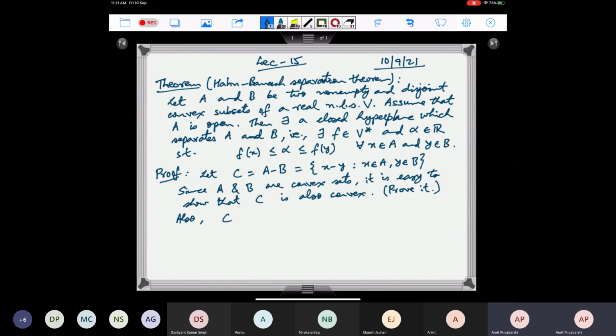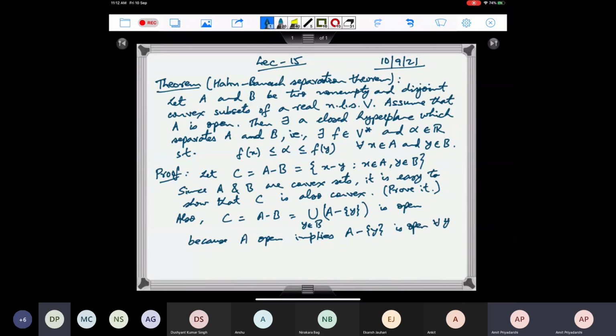Because you see C can be written as the union of A minus singleton y, where y belongs to B. So we can write this C as a union of these sets A minus y, and because A is open, A minus singleton y is also open for all y.